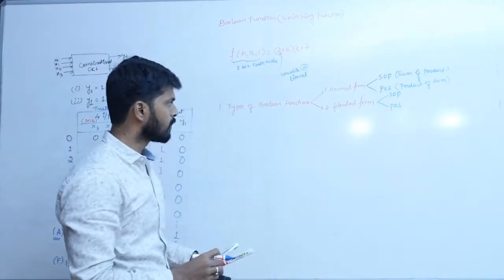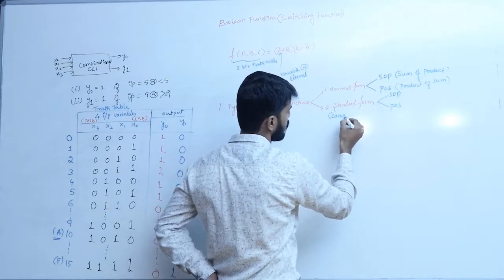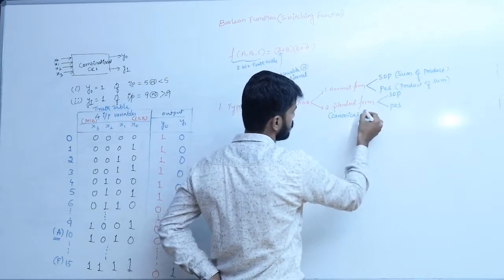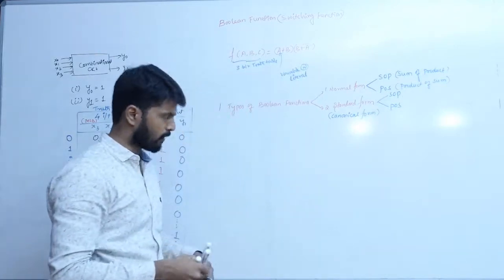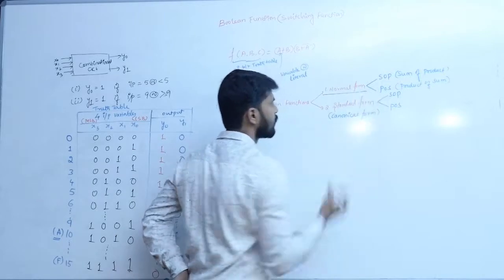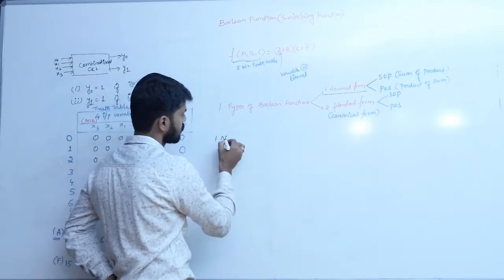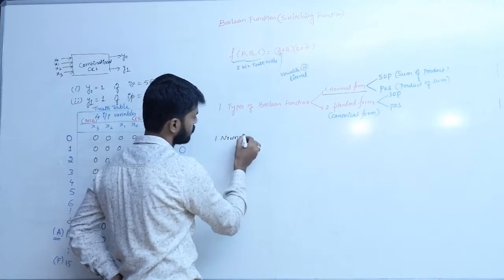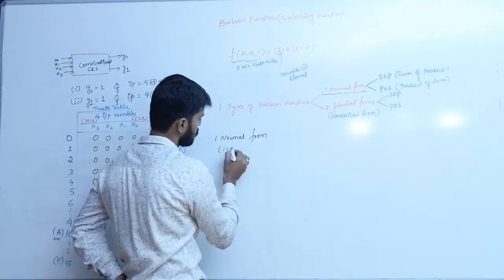The standard form is also called the canonical form. Now we will discuss one by one. First we will discuss what the normal form is, and how we represent it. In the normal form, first we will discuss SOP.